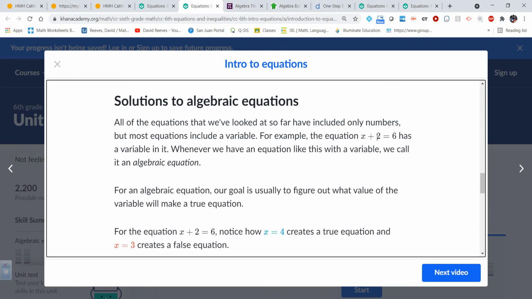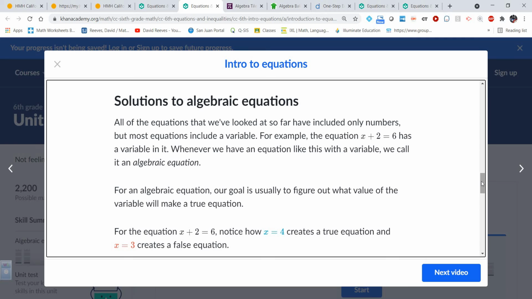An algebraic equation is when you have an algebraic expression equal to a constant, like x plus 2 equals 6, or sometimes an algebraic expression equal to an algebraic expression. For what we're doing now, we're just going to have an algebraic expression equal to a constant. x plus 2 is equal to 6.